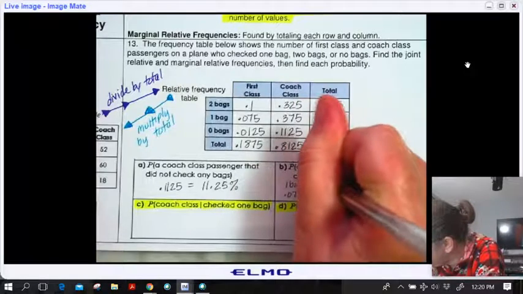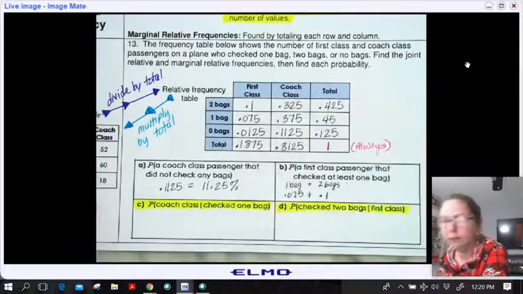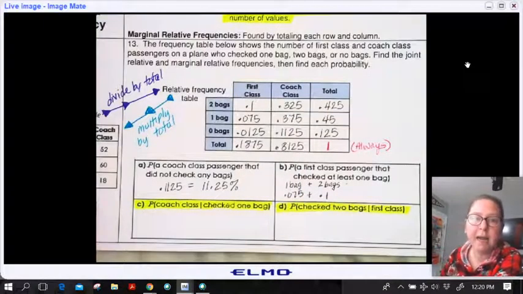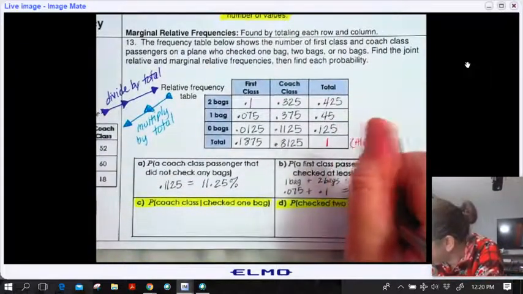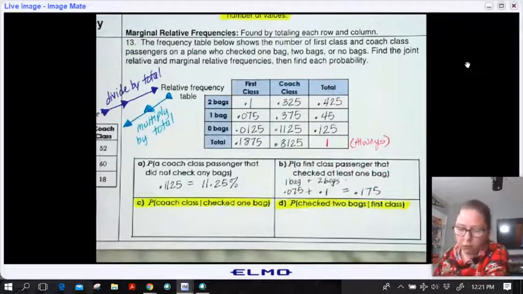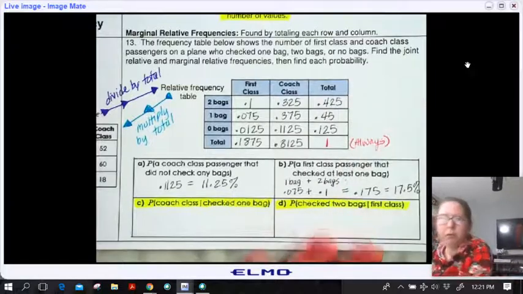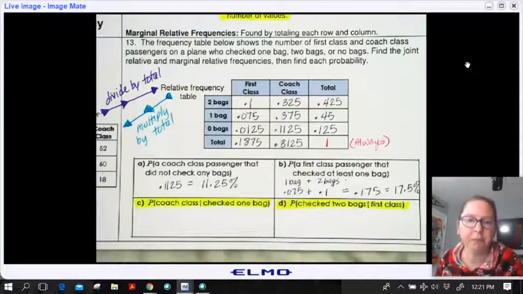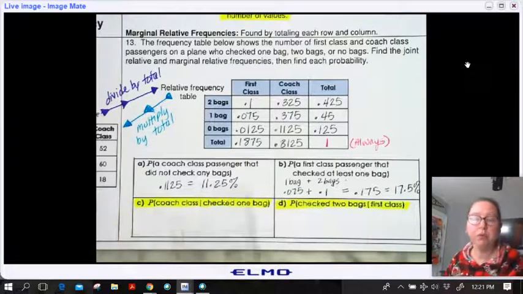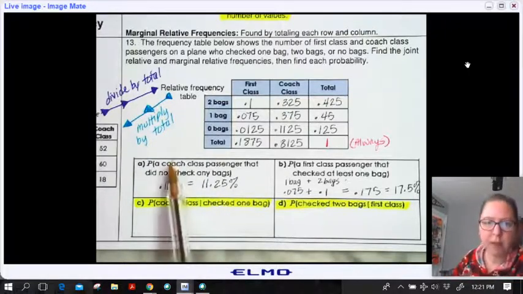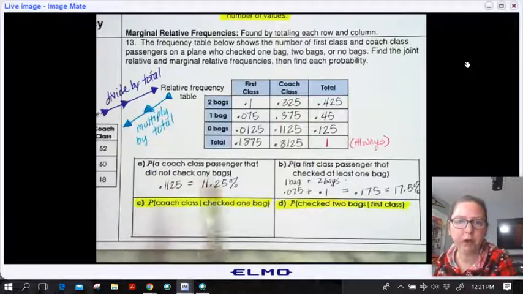And if it was 2 bags, it was 0.1. Okay, so now I just need to add these together. When I add them together, I get 0.175, which is the same as 17.5% of the passengers on that flight. Okay, awesome. So that should kind of be a review of Math 1, just with the notation. Okay, the notation is really all that's new so far.